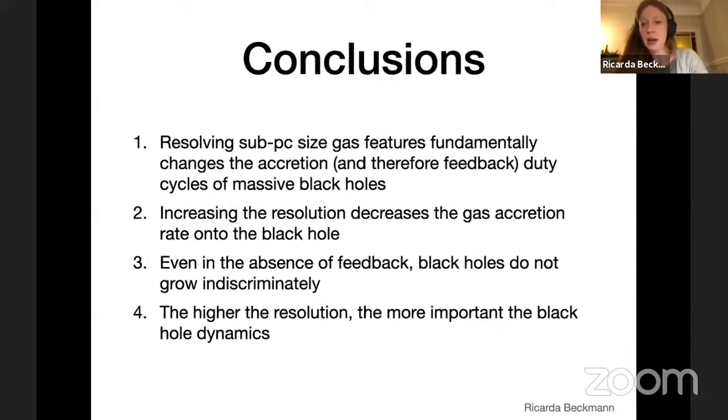Even in the absence of feedback, black holes are not able to grow indiscriminately, because if studied at sufficiently high resolution, the dynamics of the black hole, so where exactly it is located in the galaxy, becomes a much more important feature than we maybe appreciated before, because the gas supply of the black hole is so localized, and its effect on the larger galaxy can be so limited in this particular context.